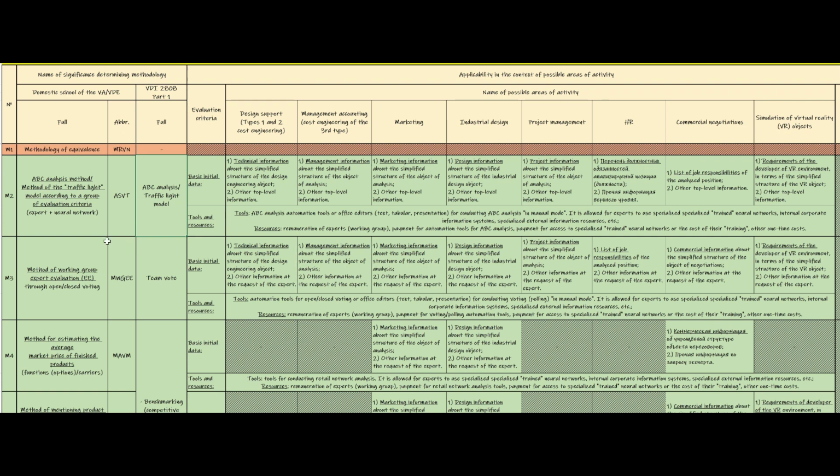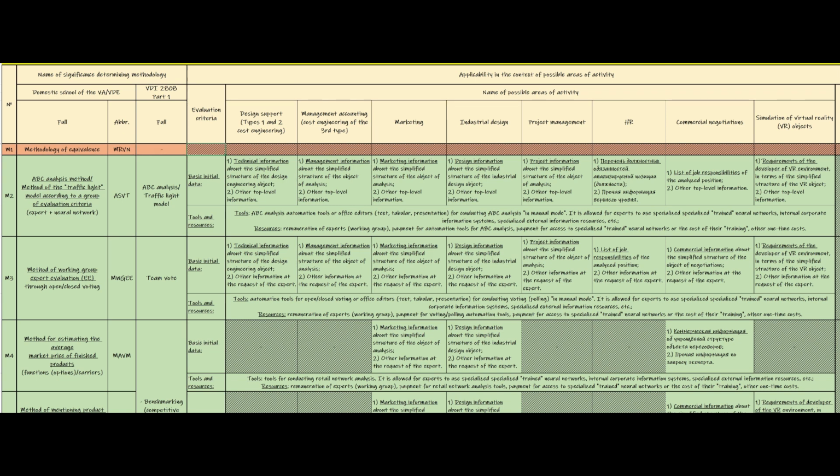So, M1. Methodology of equivalence. Within the framework of the approach used in this methodology, all carriers of abstract structural model functions are assigned the same equal importance. The use of this technique in practice isn't recommended even within the framework of analytical reports of the first approximation.